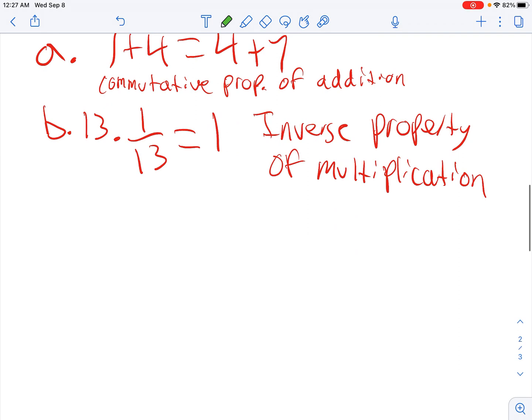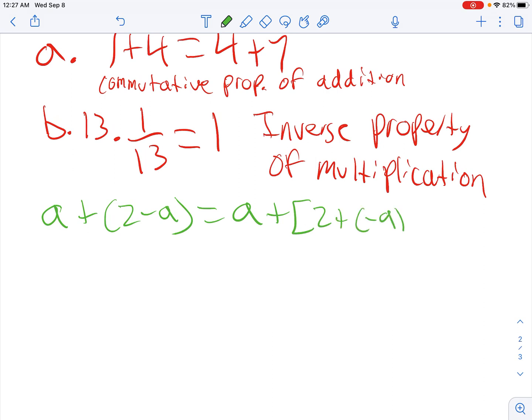So let's do one more example. So let's say, how would we prove this? We're going to take A + (2 - A) = A + (2 + (-A)).